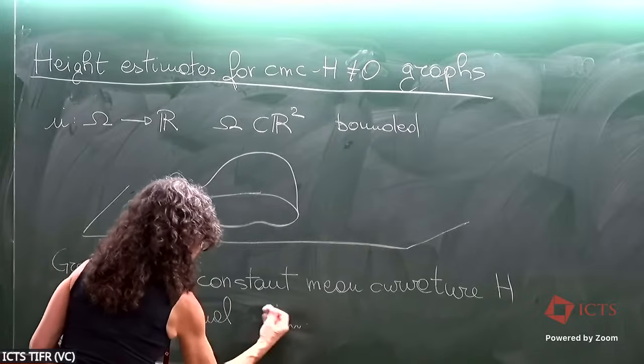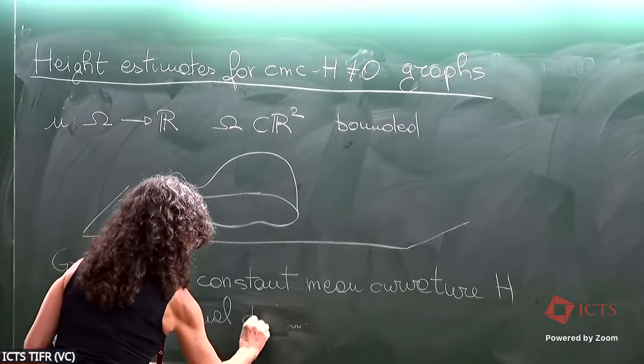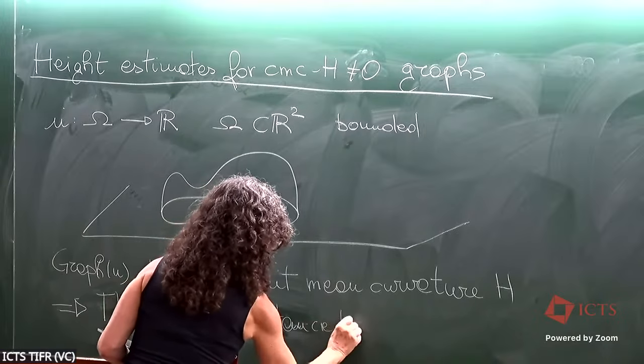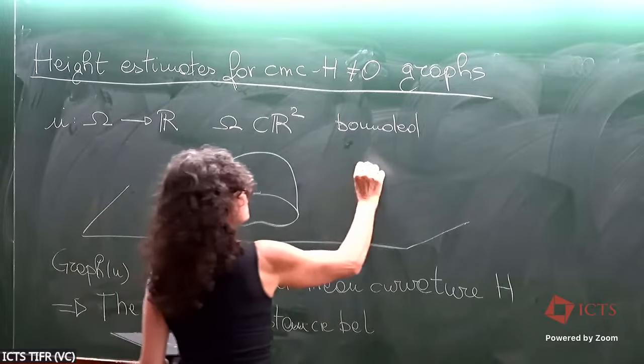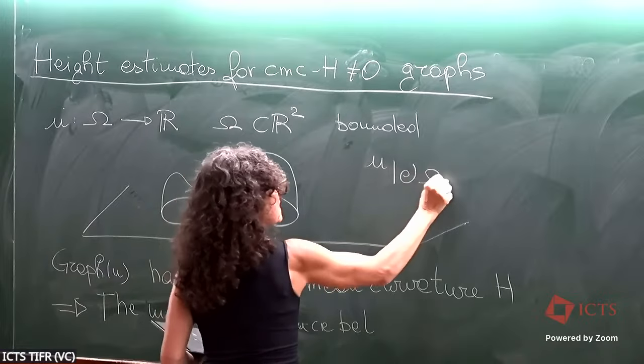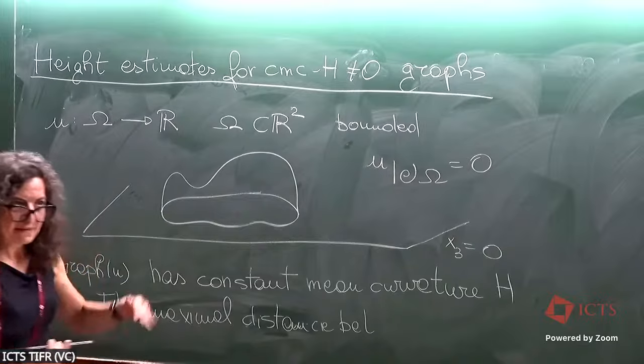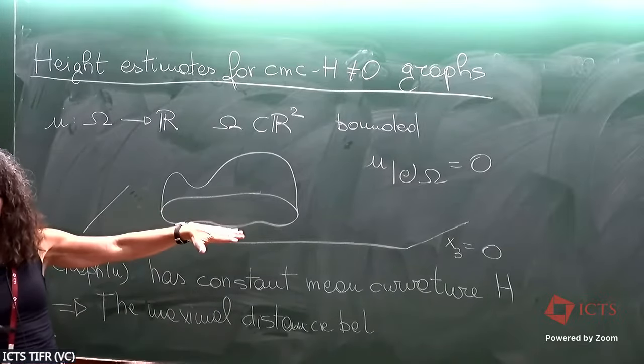I forgot to say that u restricted to the boundary is 0. So it's a graph with 0 boundary value.